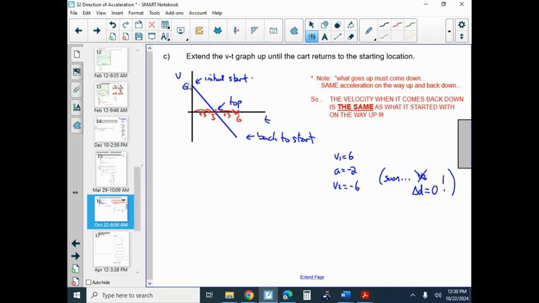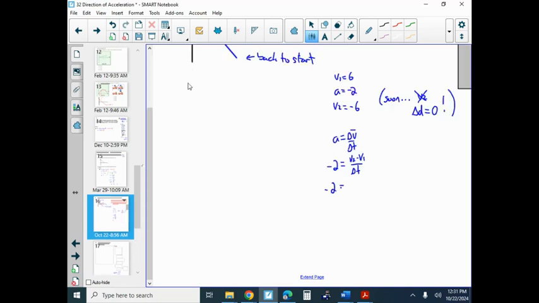But obviously here we'd be able to just say acceleration equals delta v over delta t, and we'd have a -2, and we'd have a delta v now of v2 minus v1 over time, and we just fill it out, right? So v2 is -6, take away the original +6, and so we end up with -2 and -12.